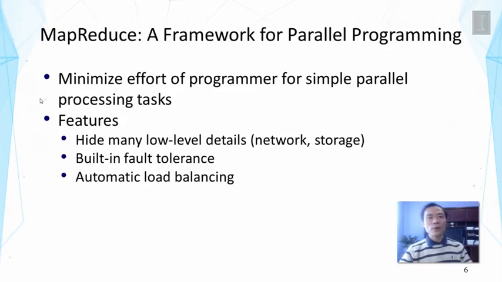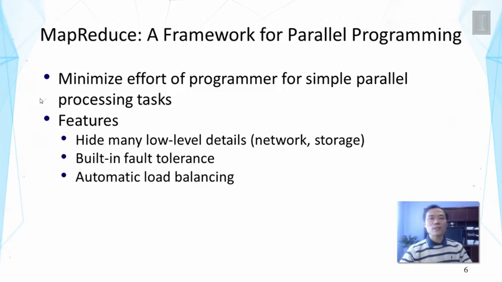So some of the low-level details are hidden in the framework, including the specific network communications or load balancing, or where the tasks are executed. All these details are hidden from the programmer. There is also a nice feature, which is the built-in fault tolerance.